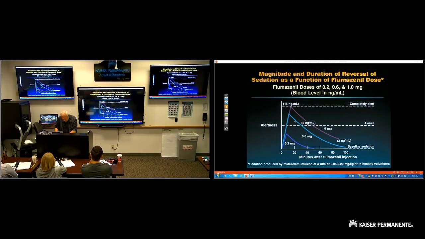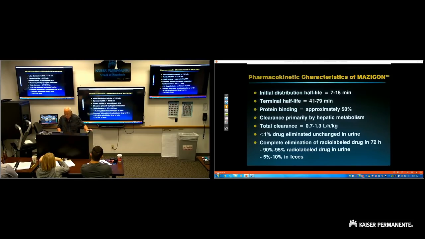Patient was alert for this amount of time, maybe 30 minutes. And then this is a 1 milligram dose, and you see it lasts longer. So the duration is dose dependent. I mean, that's no shock. With a full milligram dose, which is the highest recommended dose, you can get it to last this long, which is about 45 minutes. So that's what they're showing on this.